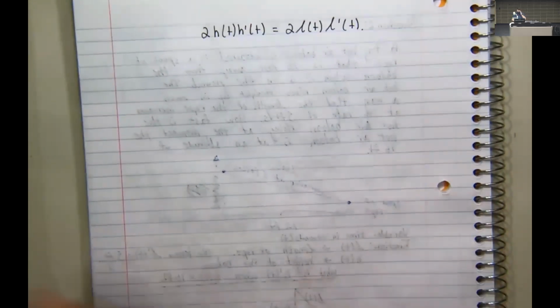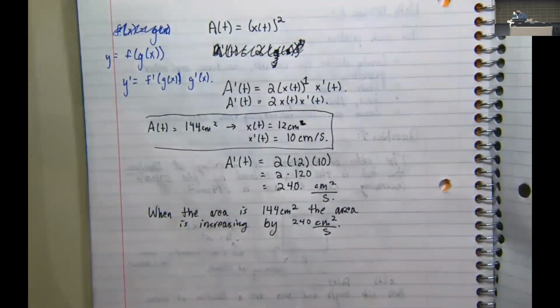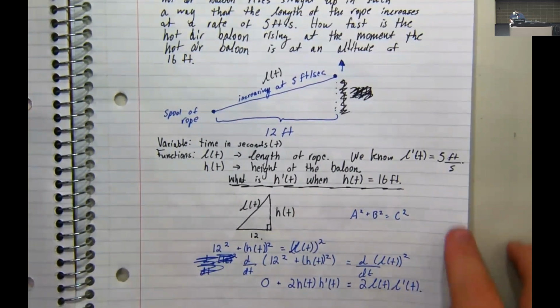Okay, and so let's think back to our givens. We wrote them out here. So L prime at t is 5 feet per second.